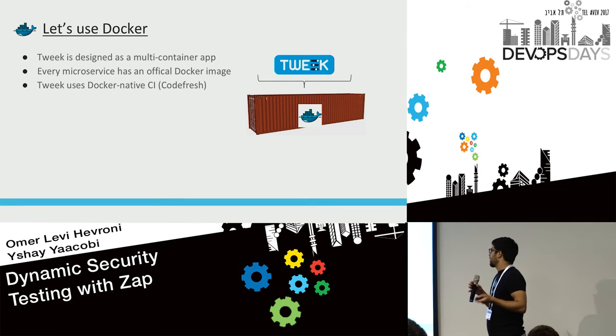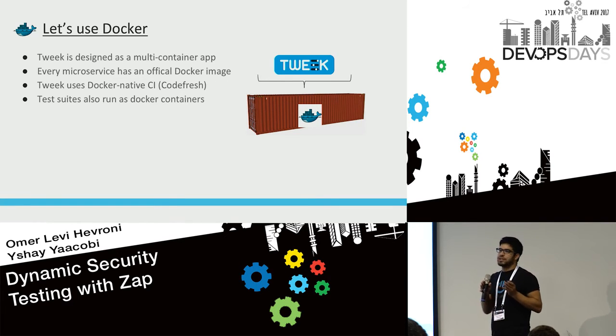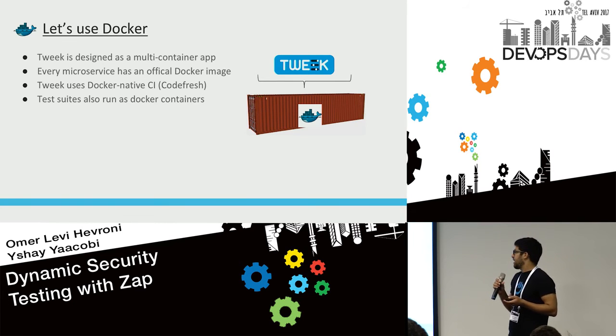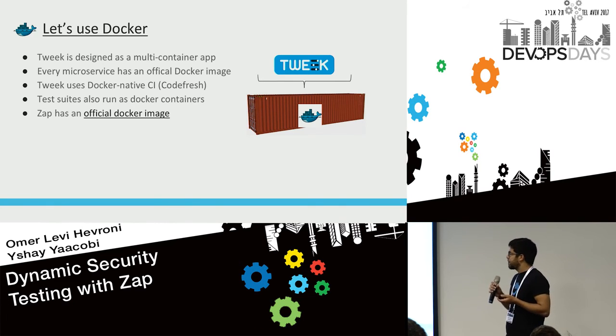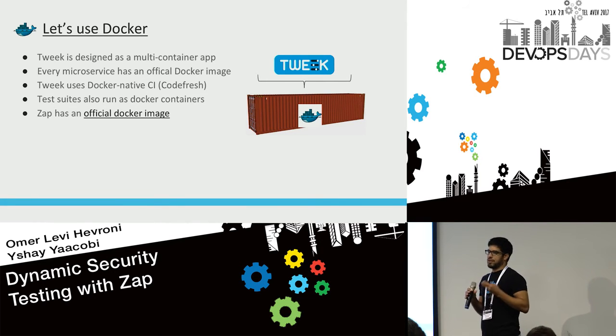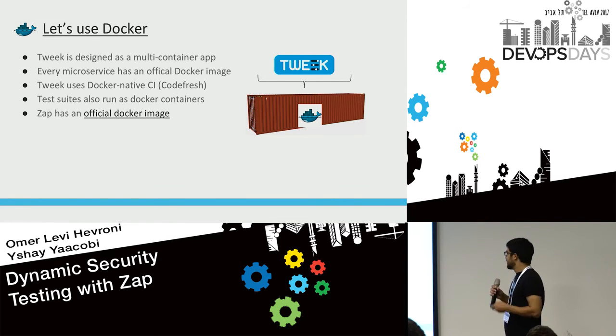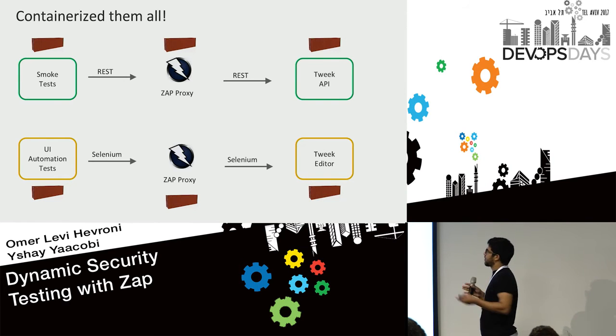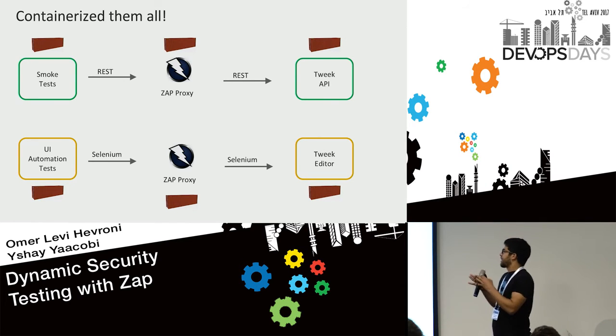It just runs Docker there. And also our test suites are Docker processes. So it's really easy, and the good thing about Zap is that it has an official Docker image. So we can just use the Docker image of Zap. We don't care if it's written in Java or whatever. It's just Docker.